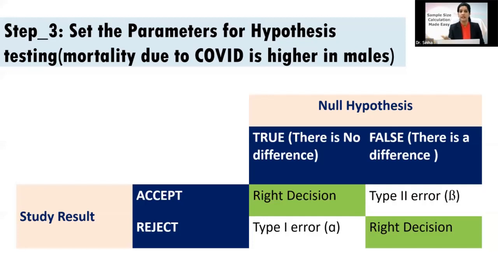If you have a 5% alpha error and a 1% alpha error, then the sample size for a 1% alpha error will be much more than for 5%. So as you decrease the type 1 error, your sample size increases. As you increase the power of the study, your sample size increases.